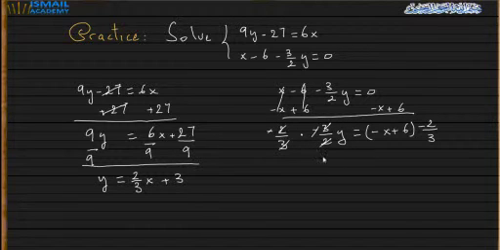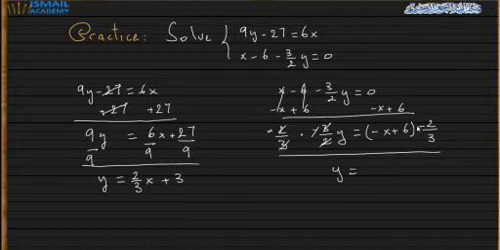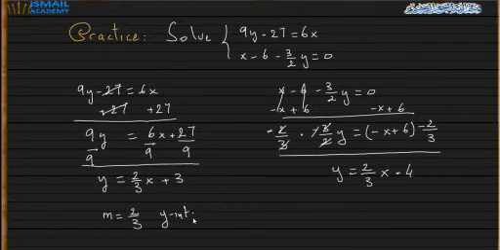So y equals, distributing minus 2/3, plus 2/3 x, and minus 2/3 times 6 is minus 12 over 3, which is minus 4. As you see here, the slope is 2/3 and the y-intercept is 3.